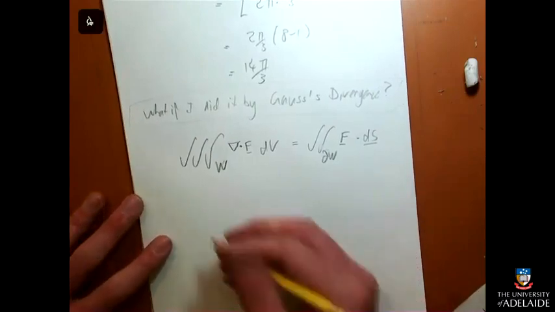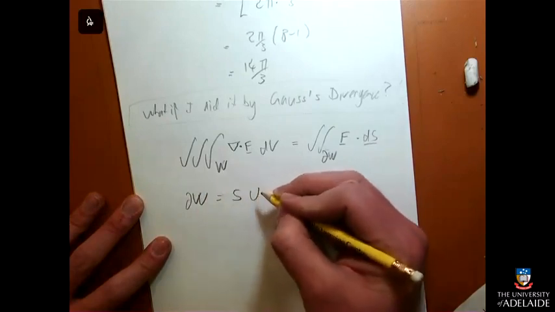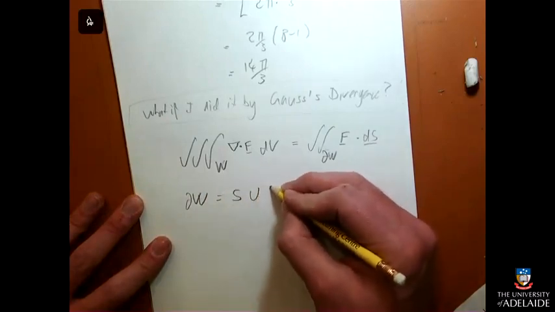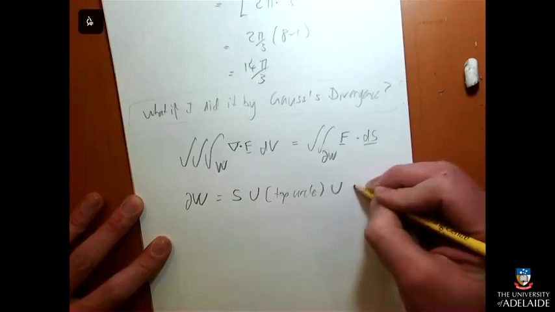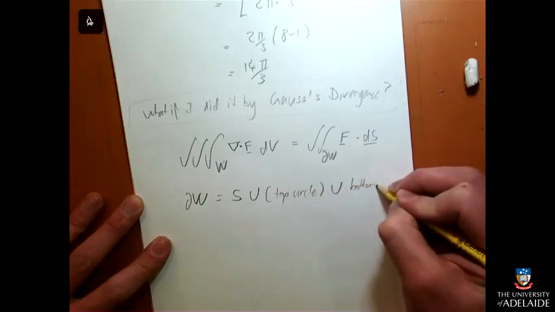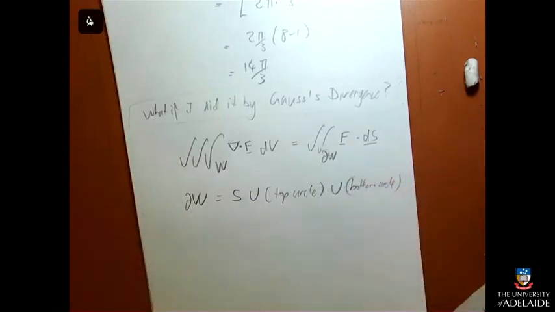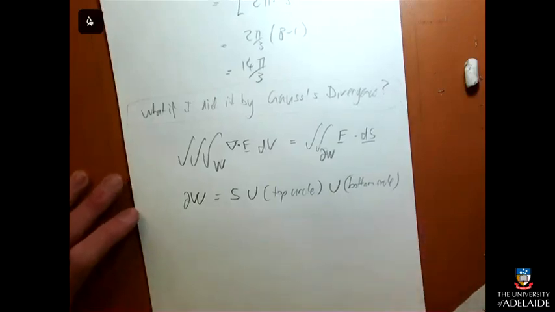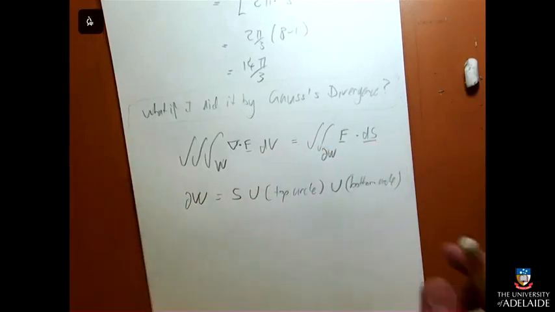Now let's just think about this. The boundary of W is S and the top circle and the bottom circle. In fact, I should probably give names to those.